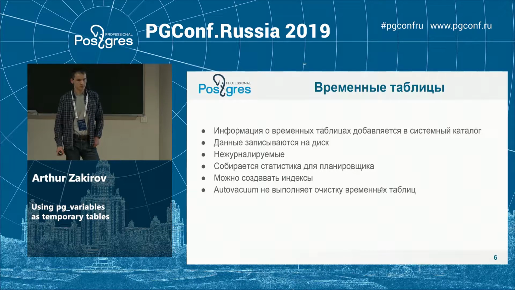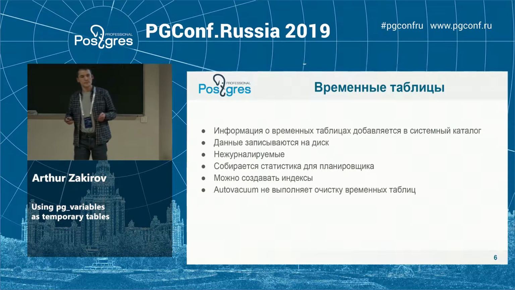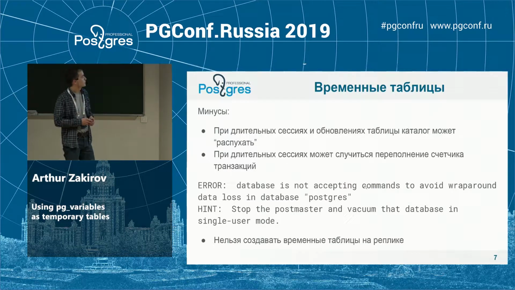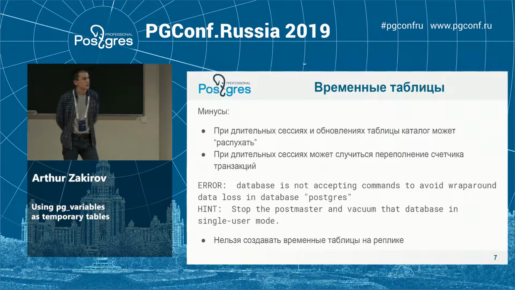So this basically means that you need to perform maintenance manually, if you have a long session and you are actively using temporary tables. Because autovacuum is not working with temporary tables, you can face the following problems.